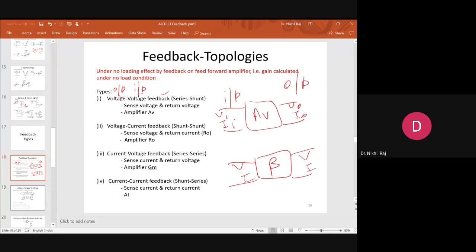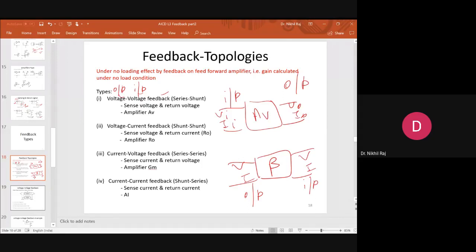So beta is sensing the output of the amplifier as a voltage and giving its output also as a voltage. So it is called voltage feedback.